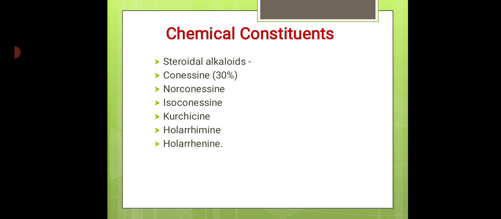Then chemical constituents present in Holarrhena antidysenterica. They are steroidal alkaloids. In that, conessine is present, that is 30%, then norconessine, then isoconessine, then kurchicine, holarrhimine, then holarrhenine.